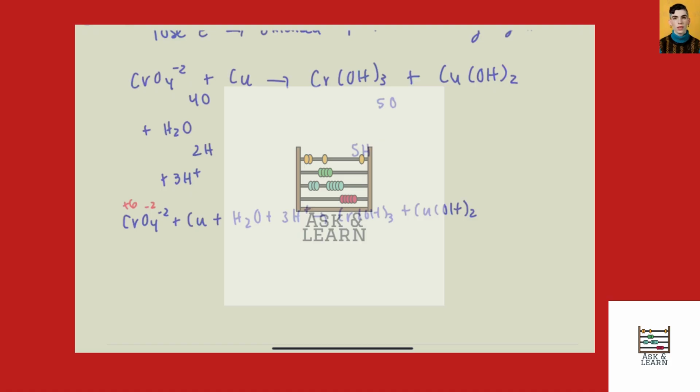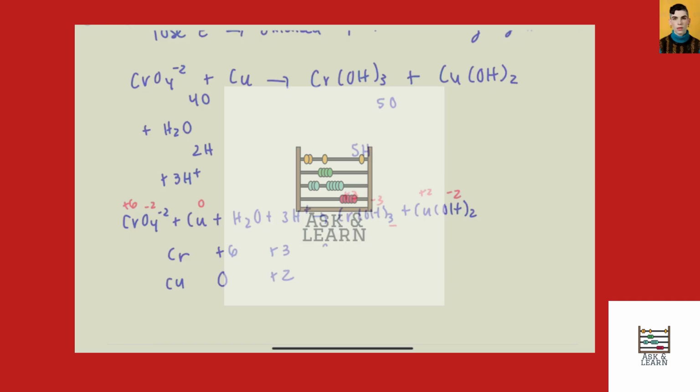Now, copper, as just a solid, is just going to have a 0 charge. We're not going to worry about the H2O and the 3 H+. Over here, within the OH, the oxygen and hydrogen is going to have a net -3 charge, and the chromium is a net +3 charge. Over here, it's going to be that +2 and -2. So we can see that the chromium went from a +6 to a +3, and copper went from 0 to +2.